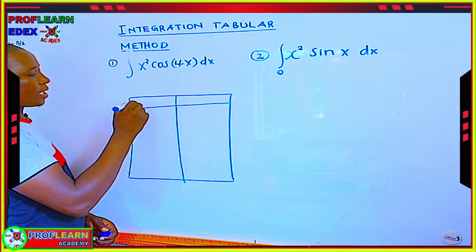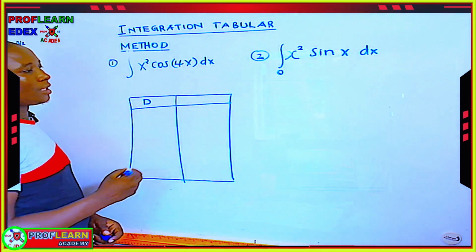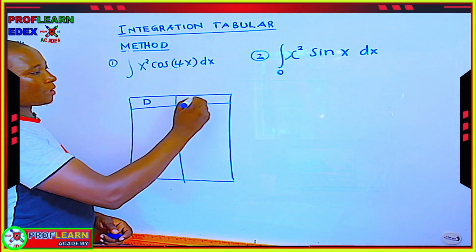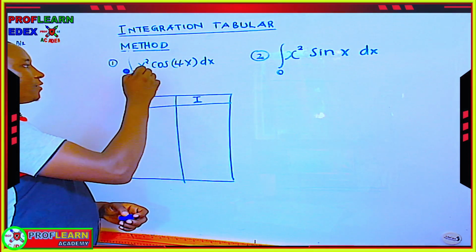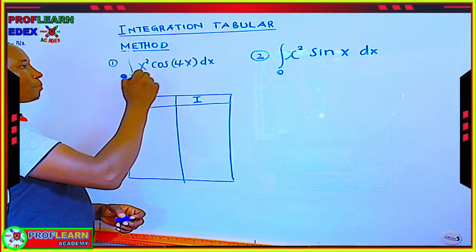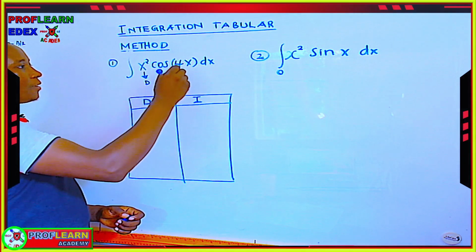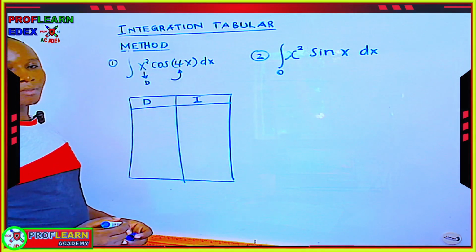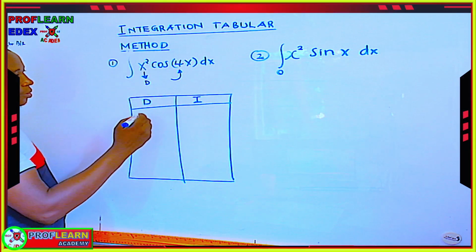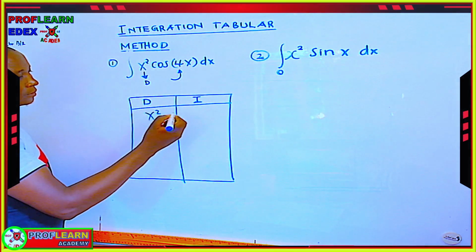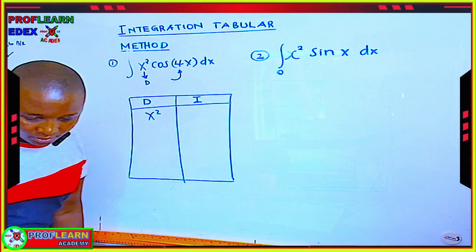On one part, we are going to have the derivative, and on the other part we are going to perform integration. And where you are going to perform the derivative is the part which is a polynomial. So this is where you perform the derivative, and on this other end you'll be performing an integration. So we shall start with x squared, right? We shall start with x squared.